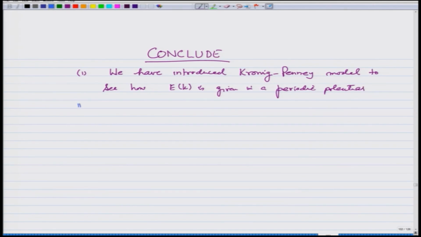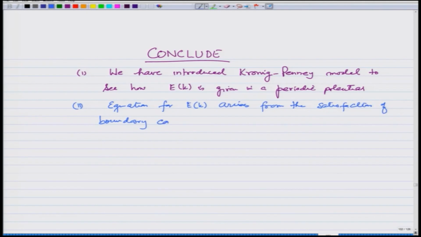The equation for E(k) arises from the satisfaction of boundary conditions and Bloch's theorem.